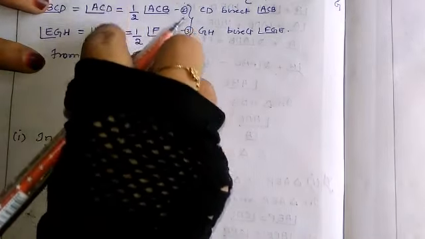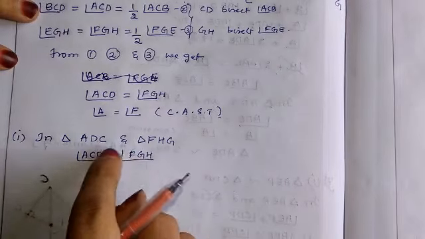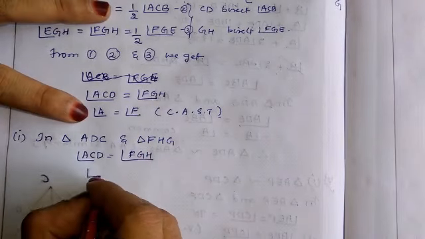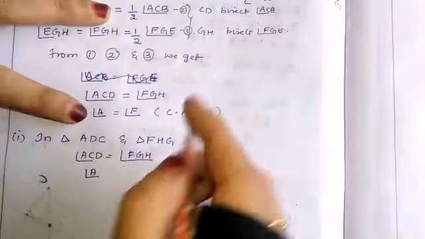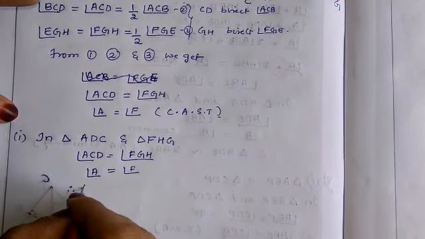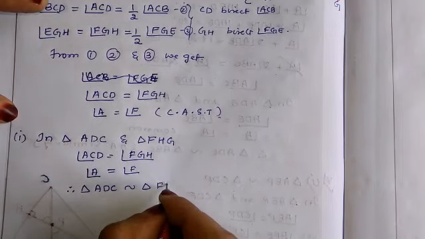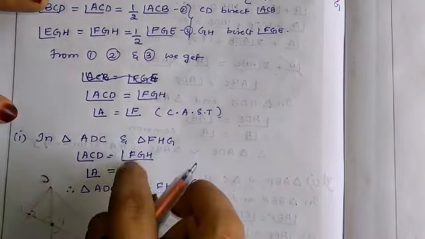And angle A is equal to angle F by corresponding angles. Therefore, triangle ADC is similar to triangle FHG. Why? AA similarity.